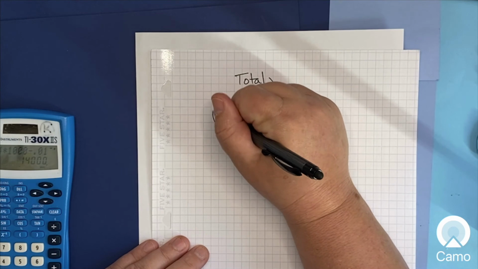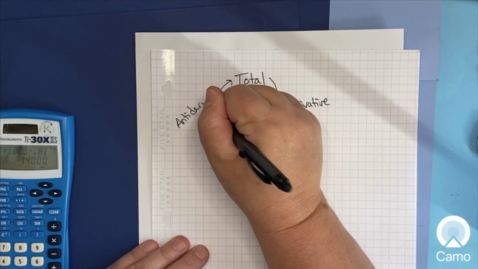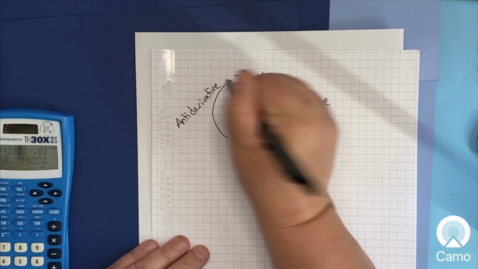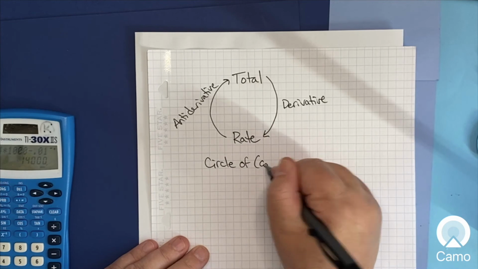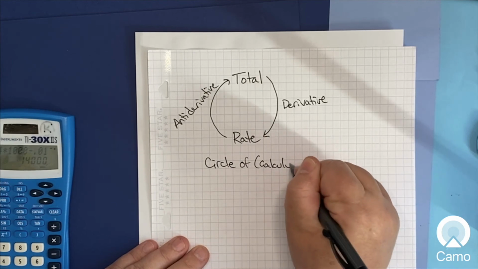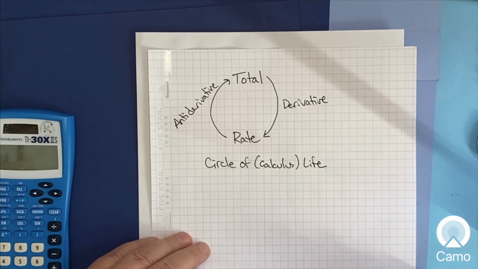If you want to get back from the rate to the total, take the antiderivative. This is the circle of calculus life. And let's be honest, what else is there in life but calculus? So this is basically the circle of life.